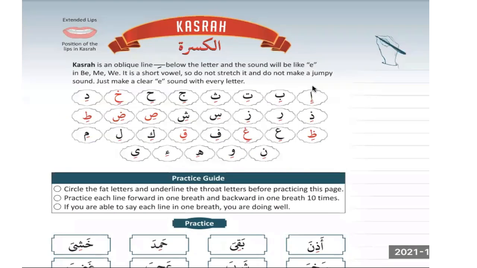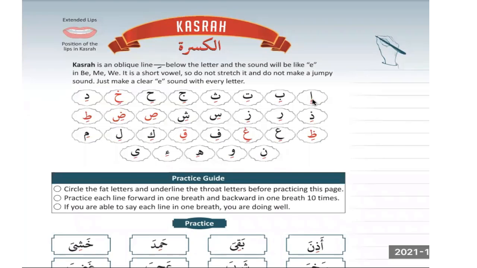And we say Hamza Fatha A. But now, the same thing, but at the bottom of the alif. So we will make a sound, not A, we will make a sound E. Okay, Hamza, Kasra, E. Or sometimes people say Hamza, Zair, E. Some people say Zair in different languages. It is also called Zair, but you should remember it as Kasra.